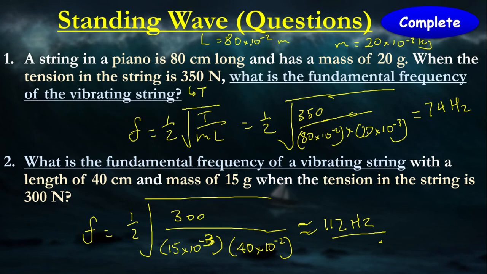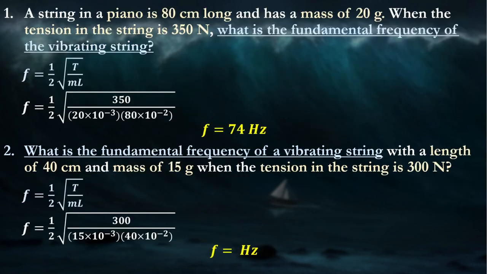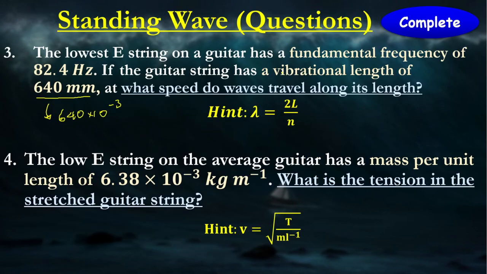Actually, quick correction, minus 3, everything's right. Yep, that's all good. Moving on. If the guitar string has a vibrational length of that, what is the speed of the particular wave?